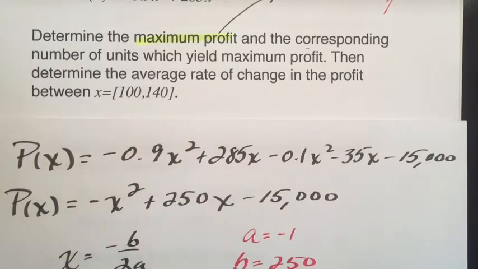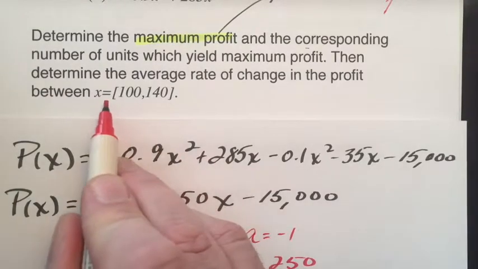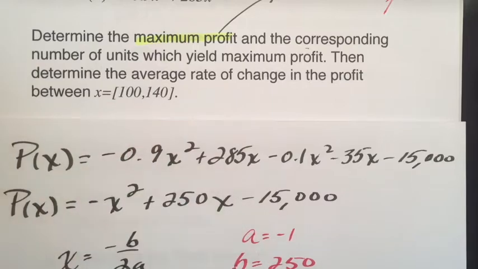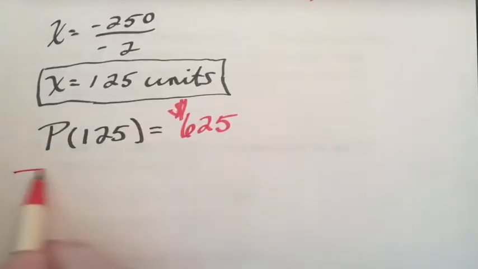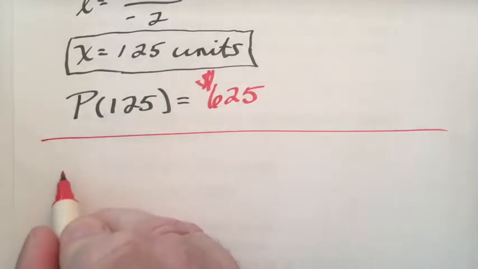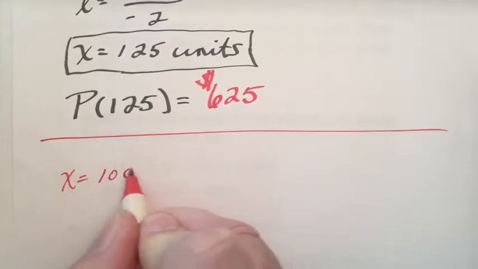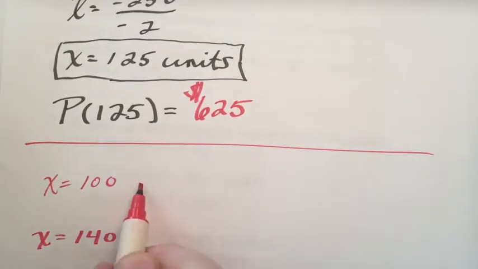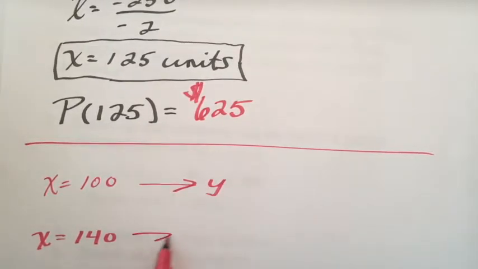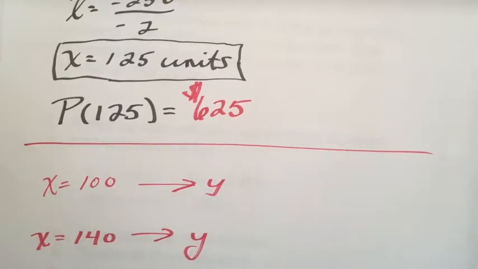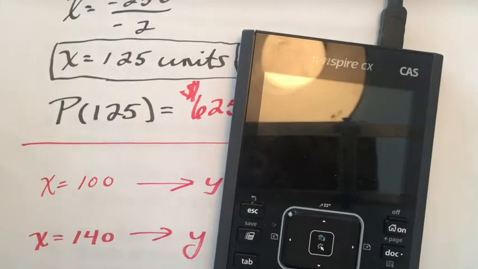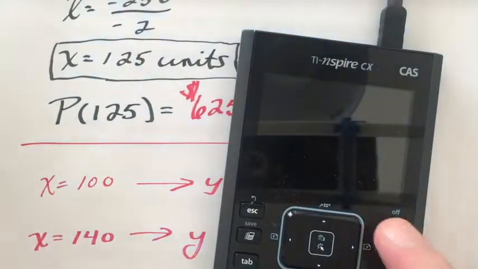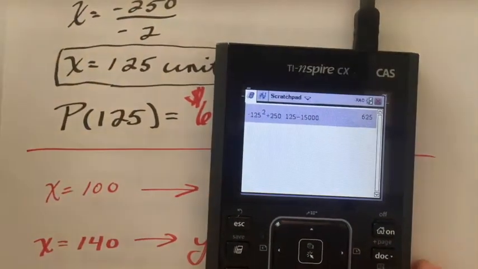Now you might remember that average rate of change was really a slope problem, which means if we have x is equal to 100 and x is equal to 140, what we need is those corresponding y values. And again, we can go back to our calculator. I need to turn the light off so that the glare is not too bad.